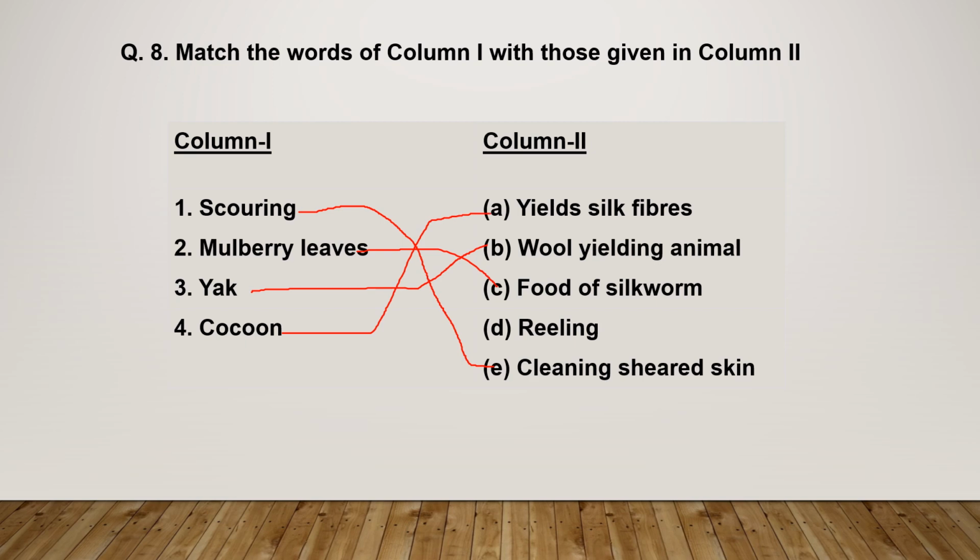And children, question number 9 is a crossword puzzle that you can do in your textbook. Most of the exercise questions you can do in your textbook. The questions you cannot write in your textbook, write in your notebook.